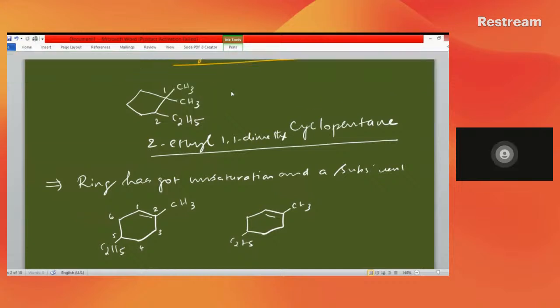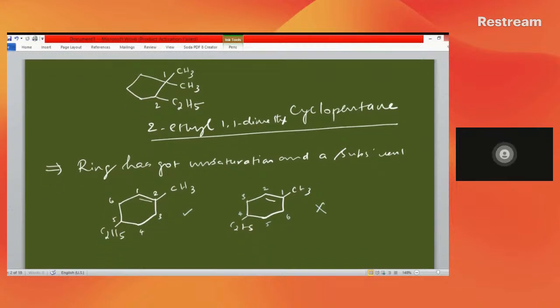If you consider this as number 1, this is number 2, number 3, number 4, number 5, number 6, it cannot be counted like this. The unsaturation should be given preference. So this is the wrong way of assigning the numbers, and this is the correct way.